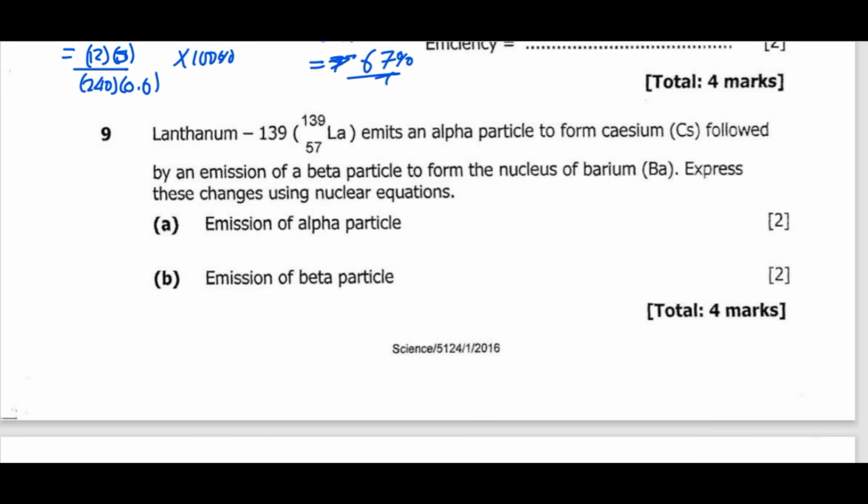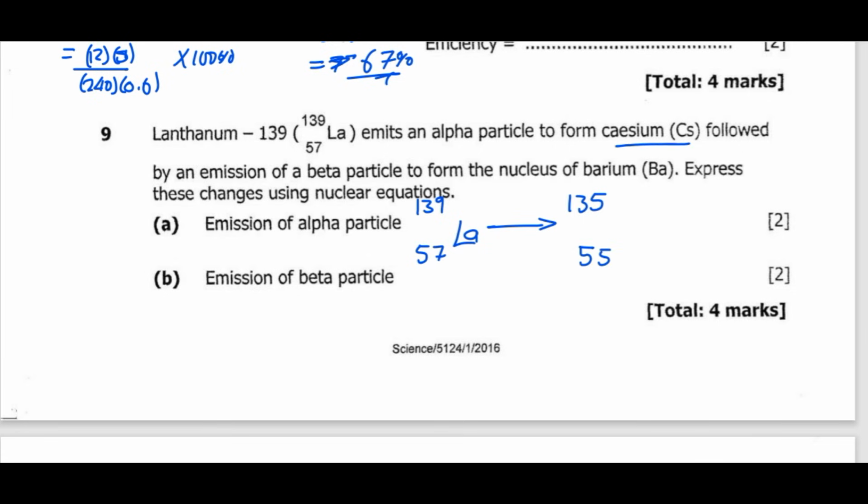So the first one, emission of alpha particle, so it's La, 139, 57. Remember, alpha decay, you subtract: 139 minus 4, you get 135 here. Then 57 minus 2, we get 55.